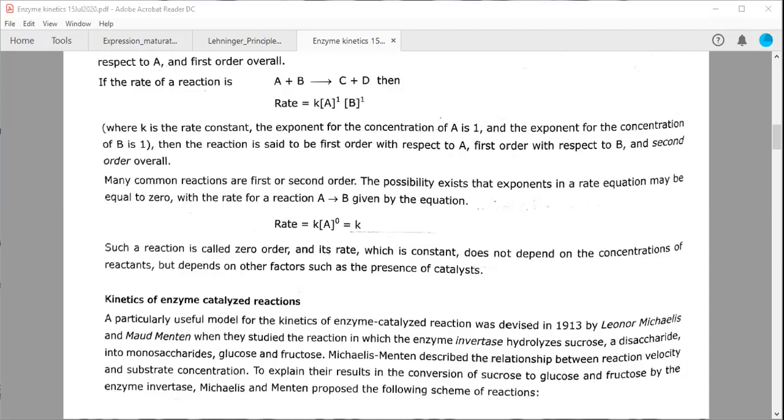So let me quickly give you an example. If you search for invert sugar, you will find some very interesting things. Why is this called invert sugar?